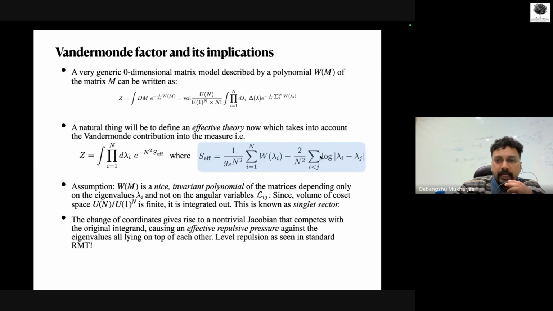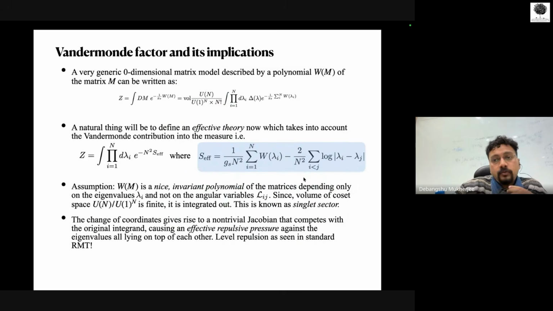This object starts dominating and making the effective action larger and larger in magnitude. So in a sense, there is an effective repulsive pressure against eigenvalues coming very close to each other. Of course, they can be close to each other and they will lie within a particular interval, but they can't be very close to each other. So this is exactly the level repulsion that I was discussing, which Wigner saw in very general random matrix theories. This is precisely the reason why you see level repulsion. This is the origin of the level repulsion.